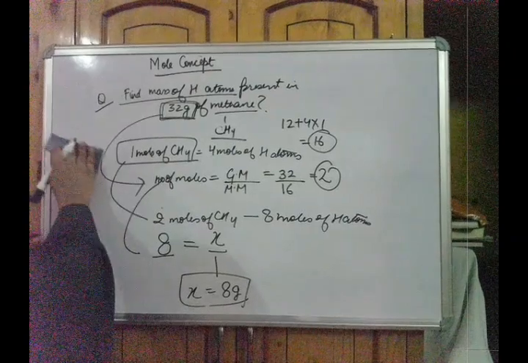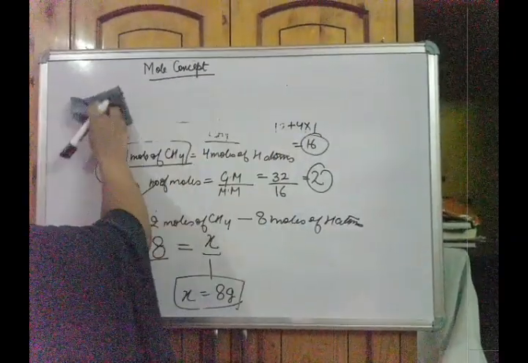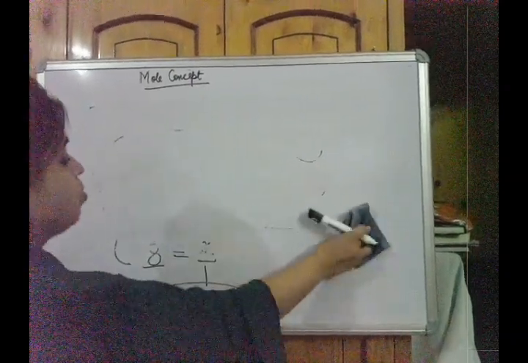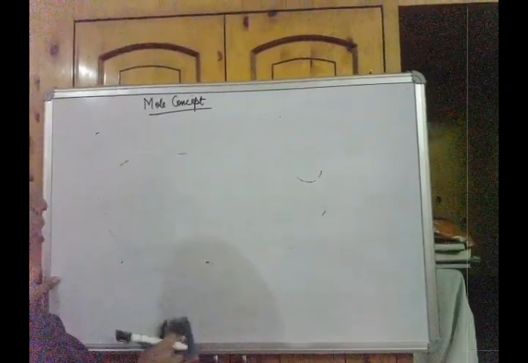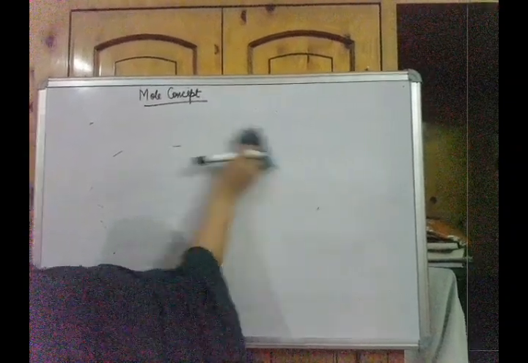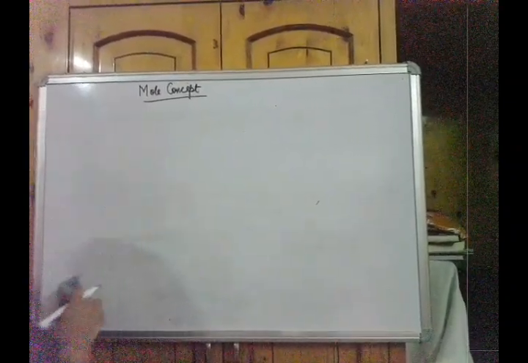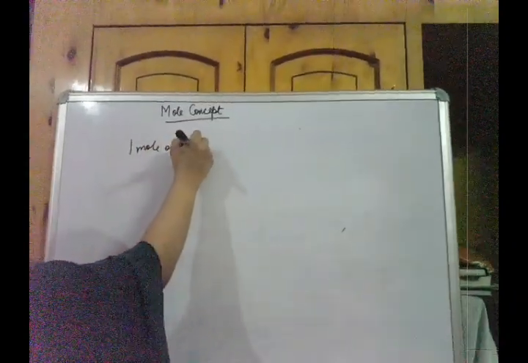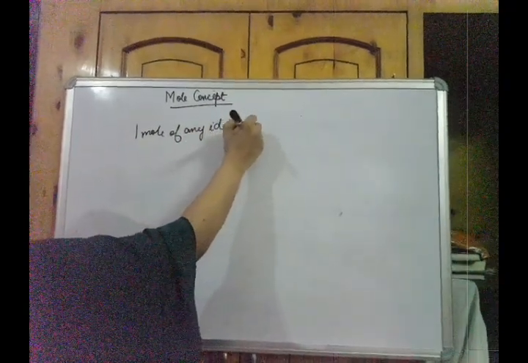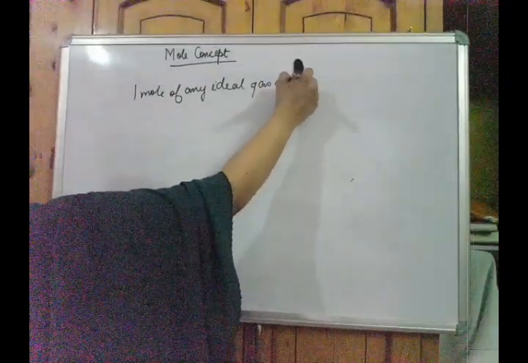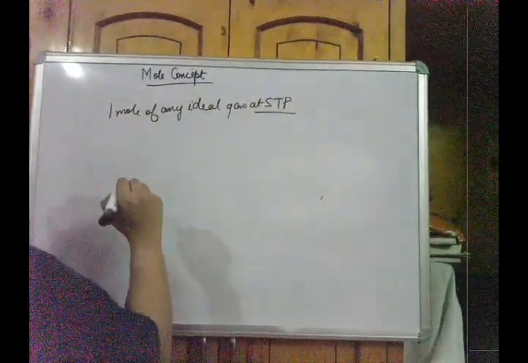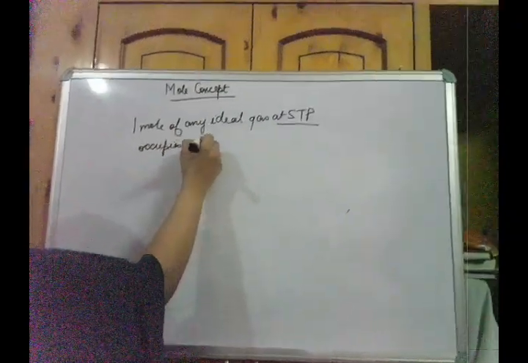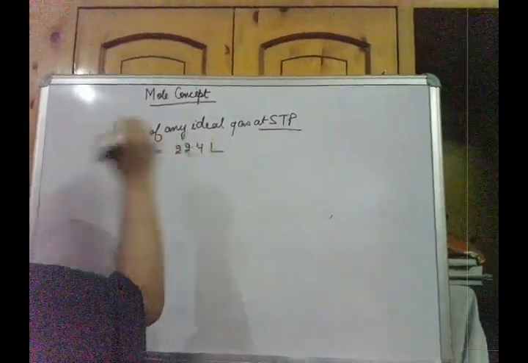Now, we have equated moles with molar mass. Now we will be combining moles with volume also. For example, 1 mole of any ideal gas at STP, that is very important, at STP occupies 22.4 liters.